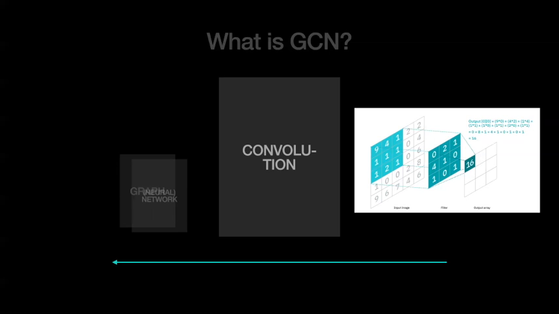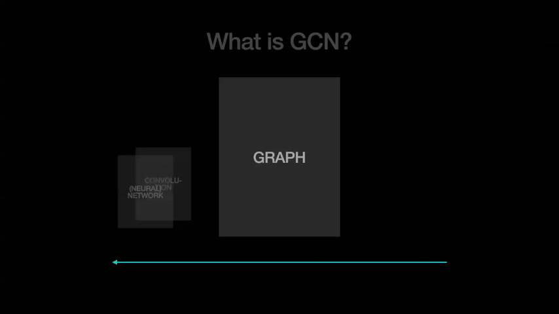So lastly, the graph part. We all know what a graph is, and a graph convolutional network is just a convolutional network that works with data represented by a graph. So we have a lot of data in our life that can have a graph representation, and it is relatively harder to learn information or patterns from it because a graph is comparatively unstructured compared to other data.